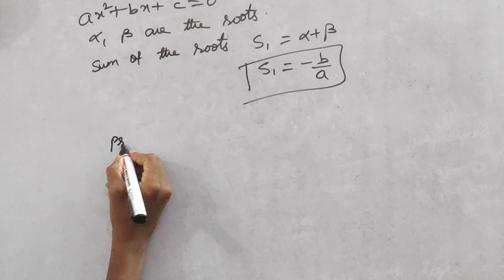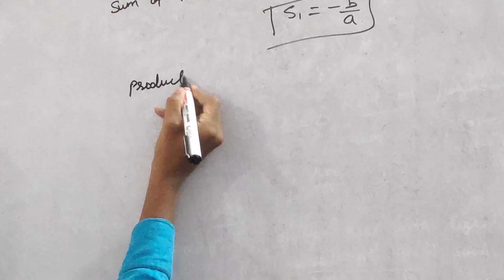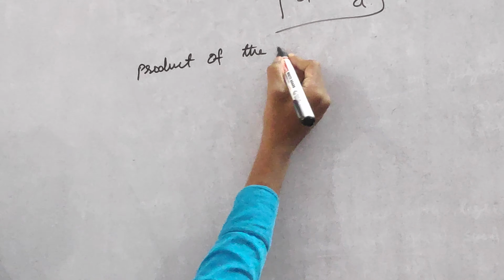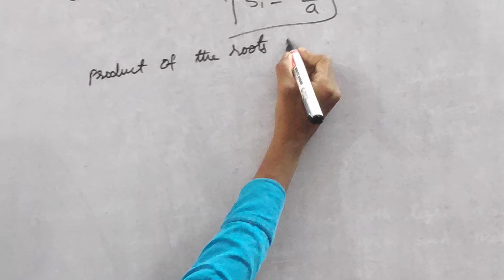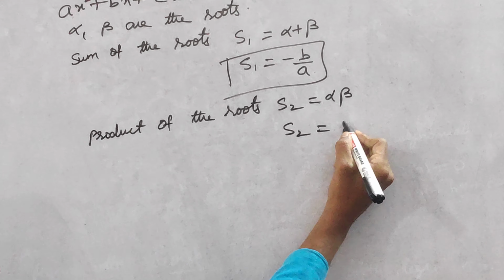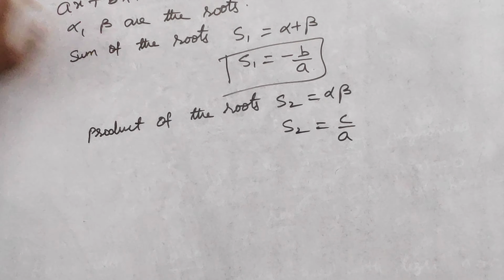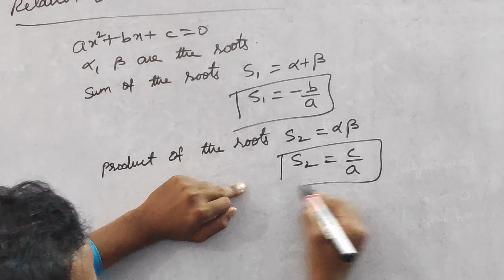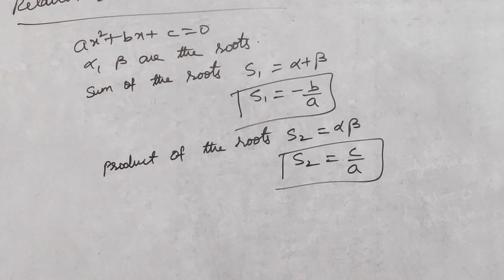Next we have the product of the roots: S2 is equal to alpha beta, which is equal to c by a.